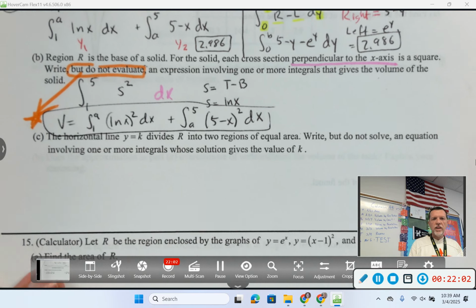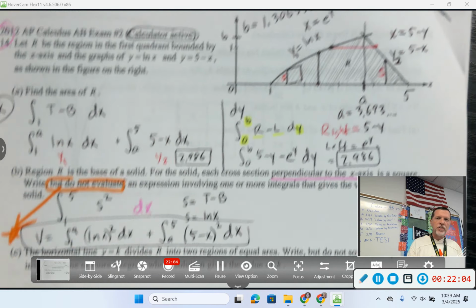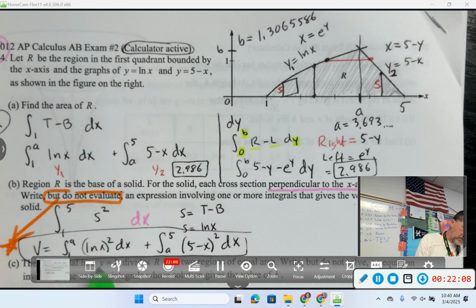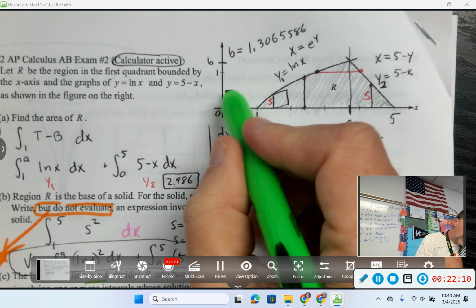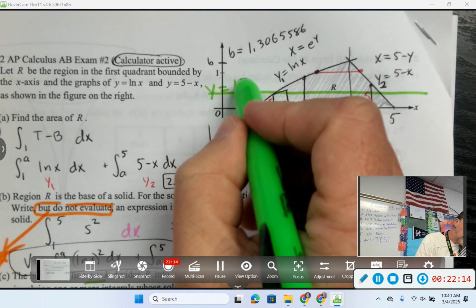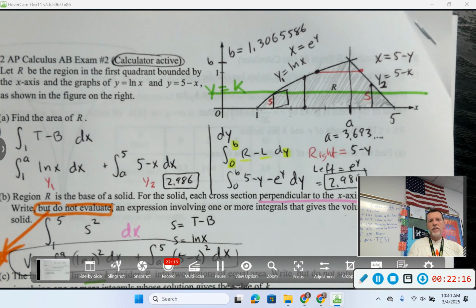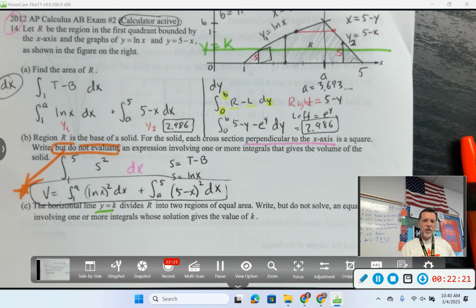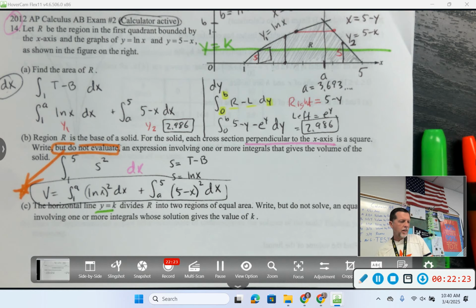All right, part C. Horizontal line, y equals k. Getting too many lines on this picture here. The horizontal line, y equals k, divides R into two regions of equal area.